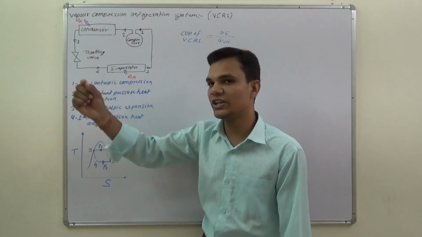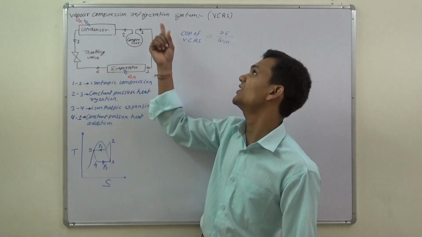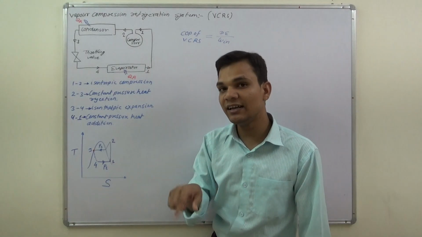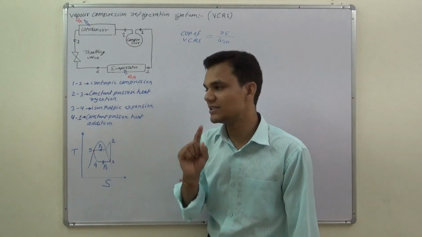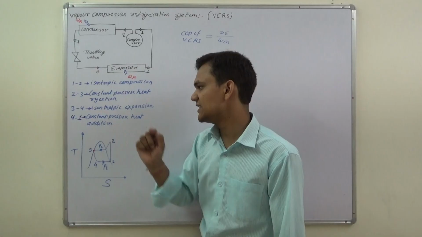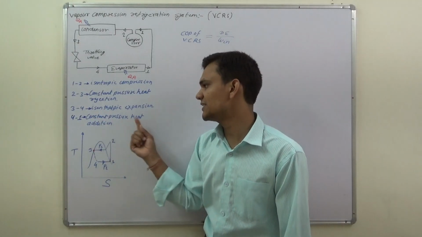So due to this throttling valve, this vapor compression refrigeration cycle becomes internally irreversible, but the cycle is externally reversible. And the last process is 4 to 1, that is constant pressure heat addition.